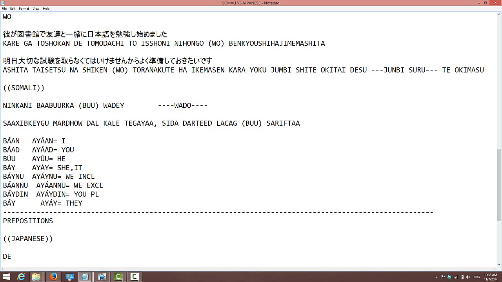Lacag is money. Lacag buu sarifta. So he's going to exchange money there. Sarifta means to exchange or change. And there's the bu again, referring to him and concentrating on the lacag, the money, that's going to be changed.